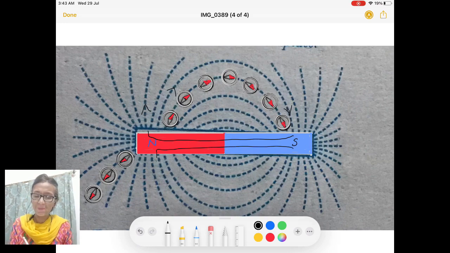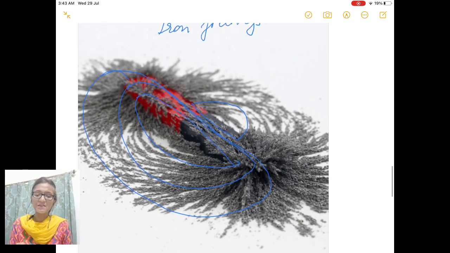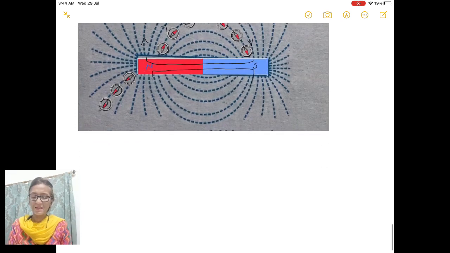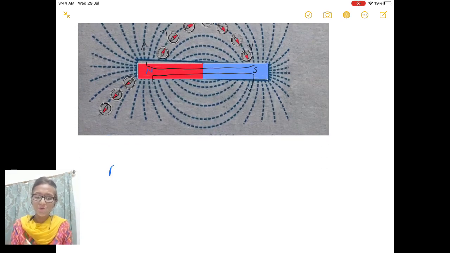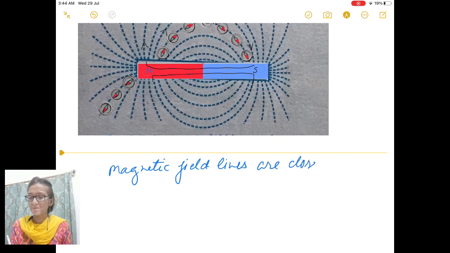The same happens on the other side also. So let us discuss the properties of magnetic field lines. Field lines are closed continuous curves.